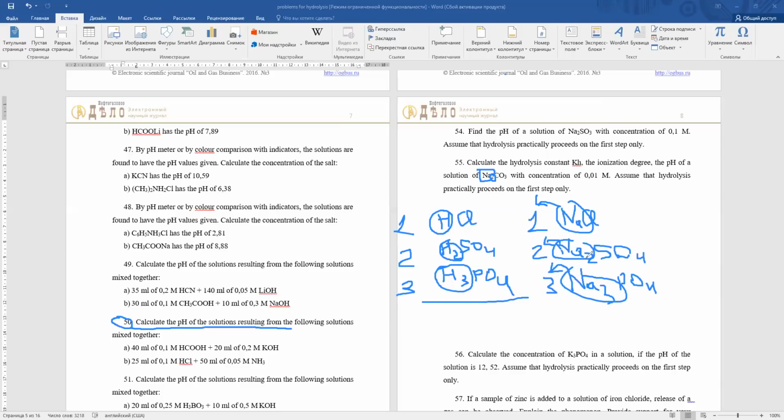Is that clear? Based on the hydrogen and the metal? For the acids, the hydrogen, but for the salts, the metals. I think it's also similar.